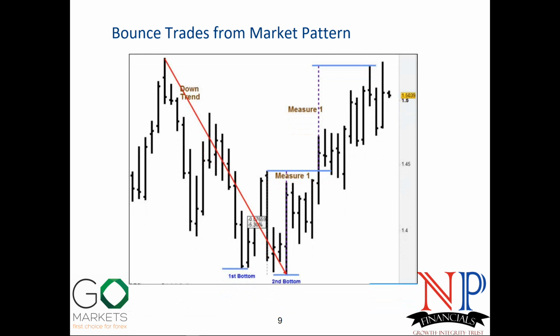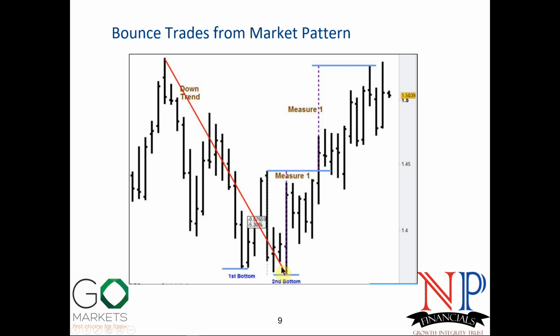Now let's see an example. As I told you, I'll show you many examples. First of all, if it is a bullish pattern, for example a class A double bottom in front of you, then it must appear after a downtrend. Why is it a downtrend? I told you in the previous market structure webinar of Go Markets and NP Financials and the market mapping webinar last week.